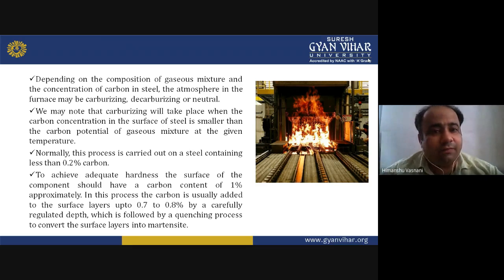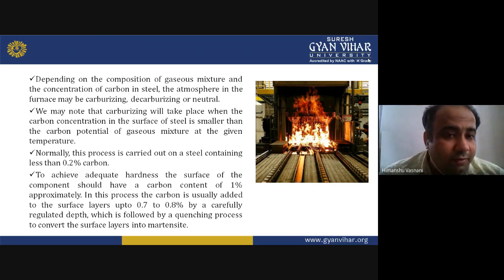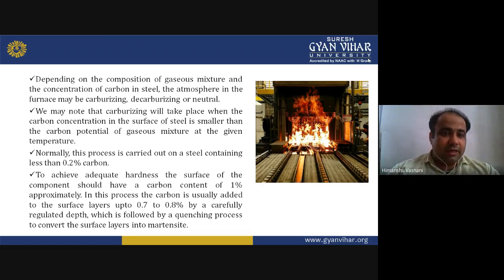Carburizing will take place when the carbon concentration in the surface of the steel is smaller than the carbon potential of the gaseous mixture at the given temperature.